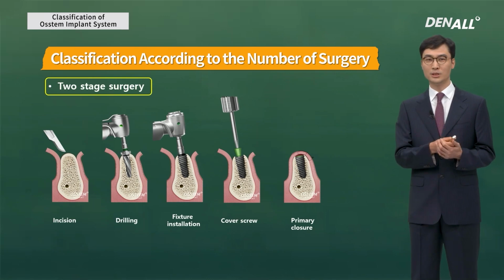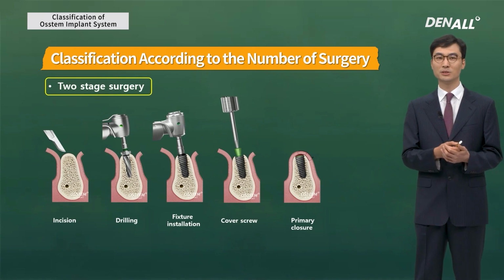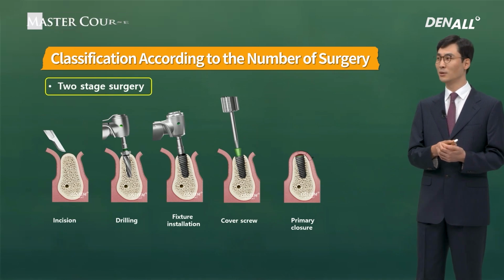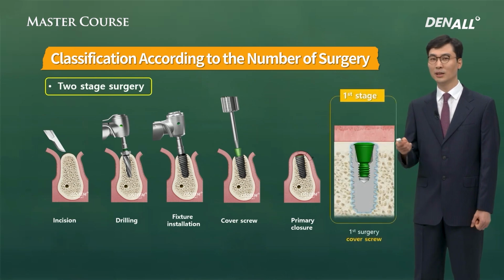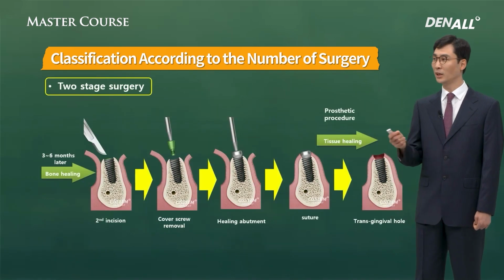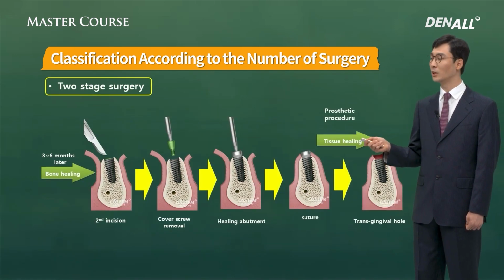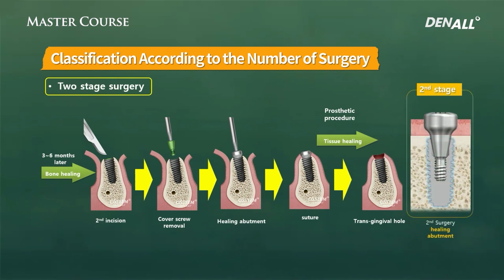First, in principle, two-stage surgery is required for the bone level placement, the submerged type. In the first surgery, an implant is placed, the cover screw is connected, and the soft tissue is closed with primary closure. After that, at the re-entry, the cover screw is removed and the healing abutment is connected. As you can see here, the submerged type implant requires two-stage surgery.